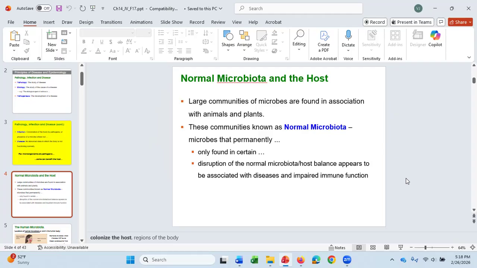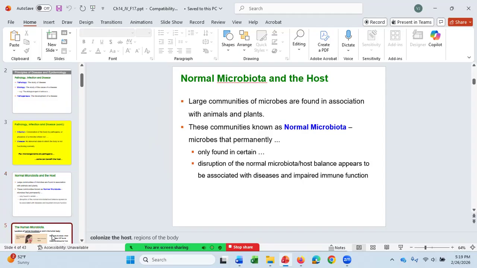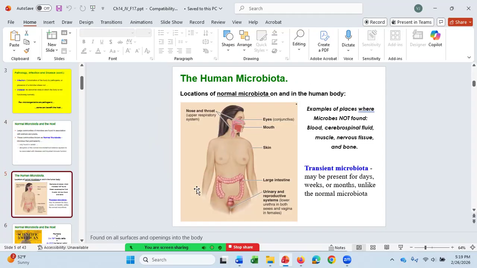Usually it's slight, but you could get constipation or diarrhea just from taking the antibiotics. Anyone had that happen? I certainly have. Fortunately, the normal microbiota host balance comes into rebalance, and that disease is usually short-lived. If it happens at all, it doesn't always happen.